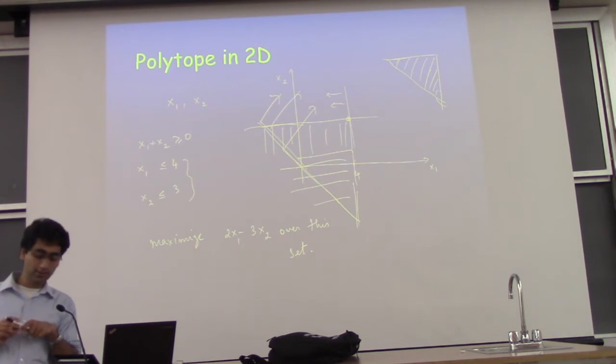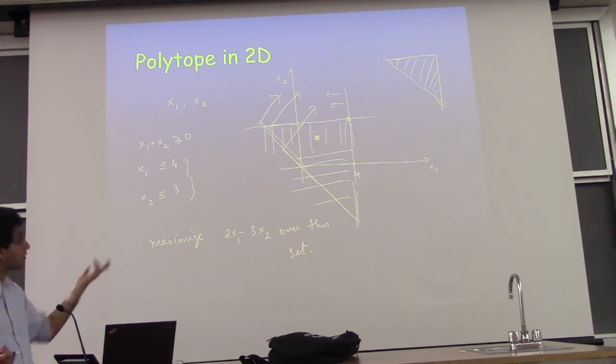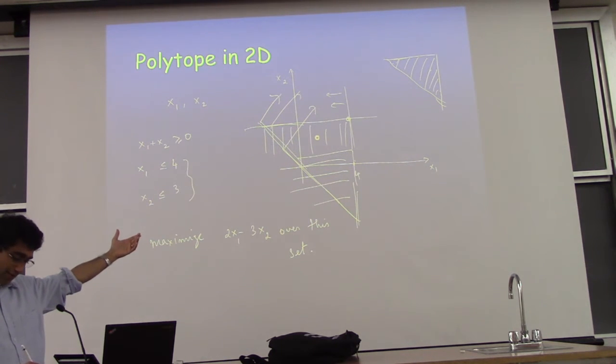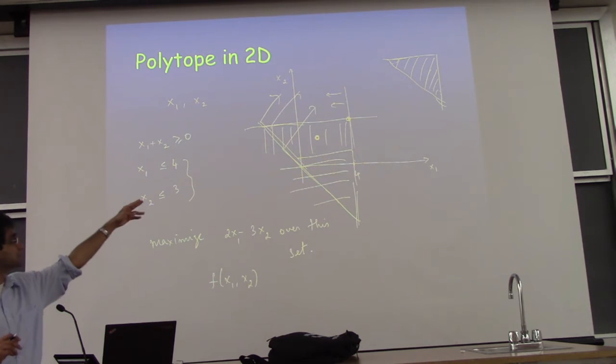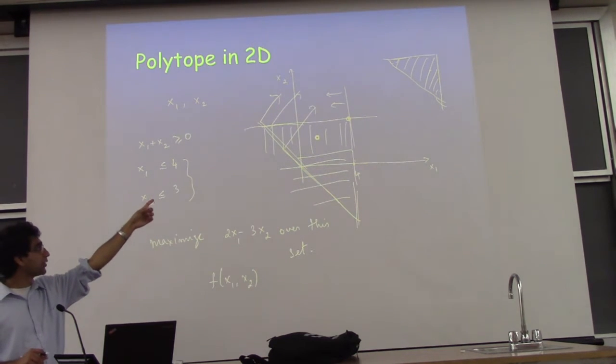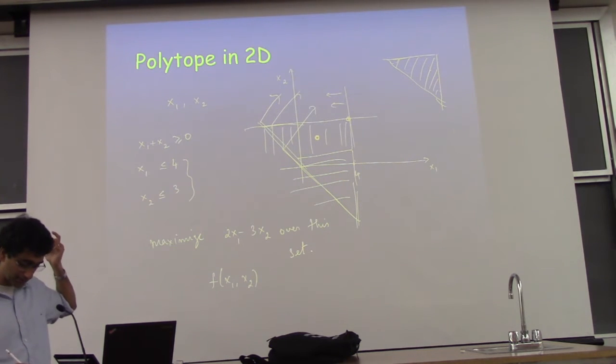Can you tell? What we want is for some point here, you want to compute 2x1 minus 3x2. Right? So that's the value of the function. So f is simply 2x1 minus 3x2. And you want to find a point that minimizes this. Oh no, sorry, maximizes this.